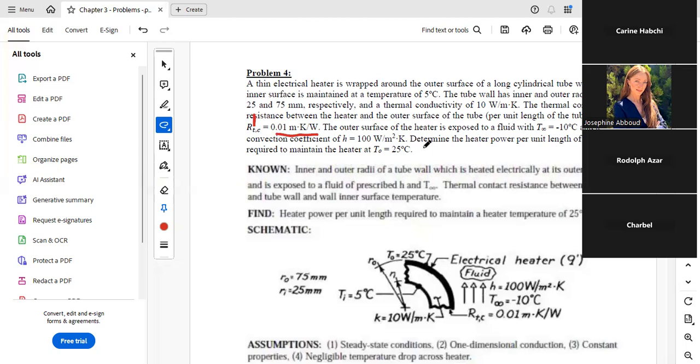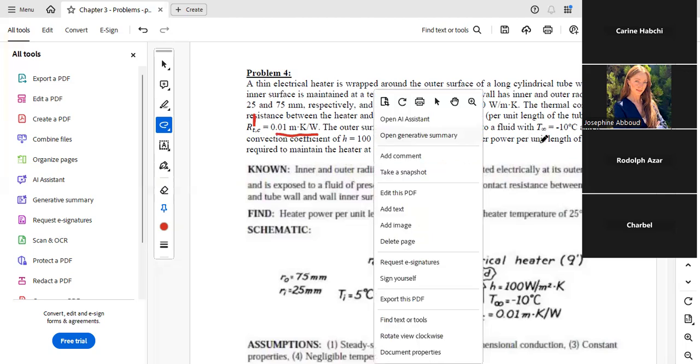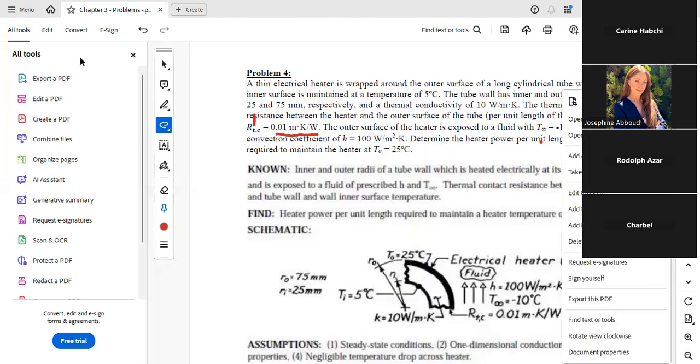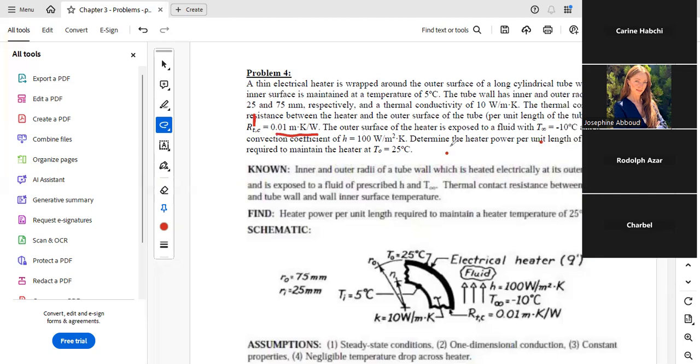Determine the heater power per unit length of tube required to maintain the heater at a temperature T out of 25 degrees. So what we want to do in this problem is to determine the power per unit length that should be provided. So we need to calculate Q prime.